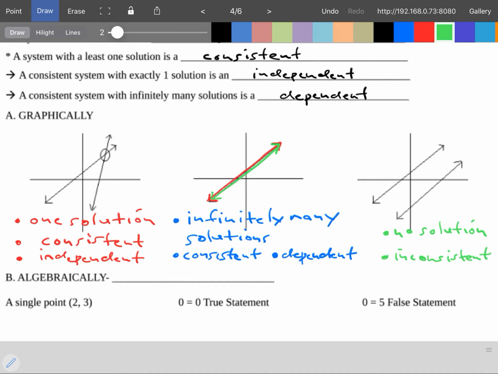Well, then what would that look like algebraically? Graphically, we could graph each line and see if they hit each other, or if they're right on top of each other, or if they're parallel. But algebraically, I think we'd probably prefer to do it that way. So if we're going to solve these algebraically, we're going to use the other two methods we learned last week, which were substitution and elimination. Let me slide this up a little bit.